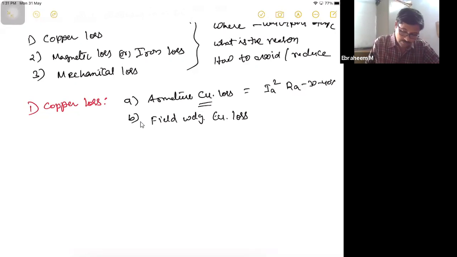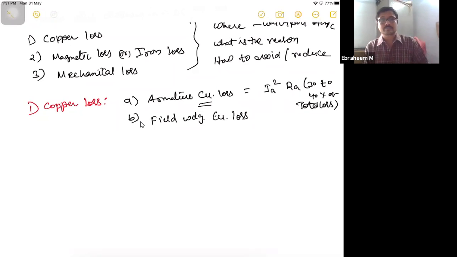Here generally you will have the armature winding along with some connecting wires also there. Everything is included in this armature resistance.